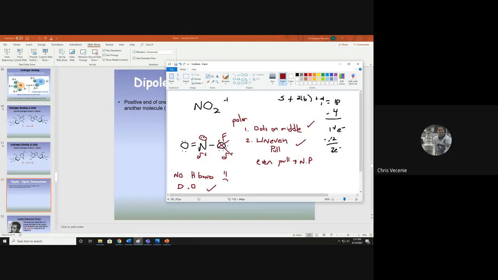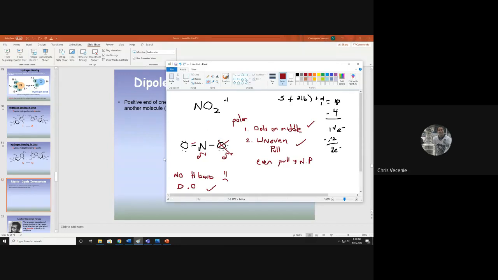All right, so little refresher on how we know if something is polar or not. Right, first check is, are there dots on the center? If there are, yes, it's polar. You know it has a dipole-dipole moment. If it doesn't have dots on the center, then you look at what's around it.